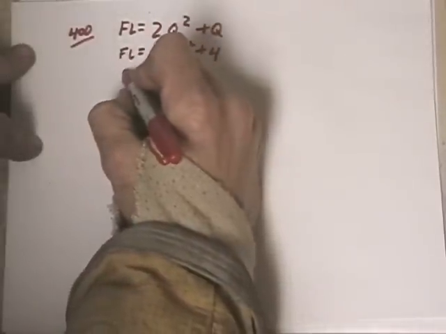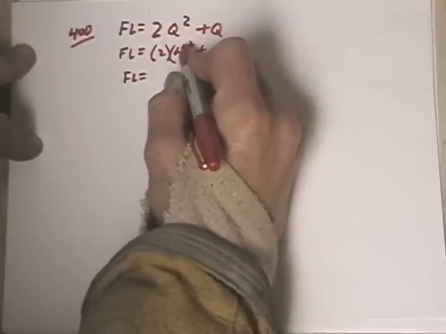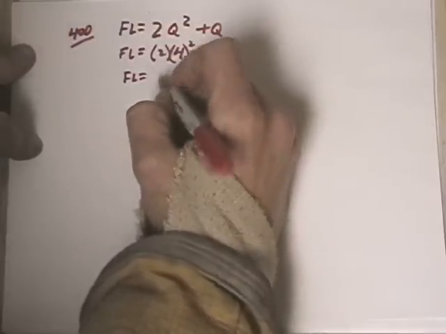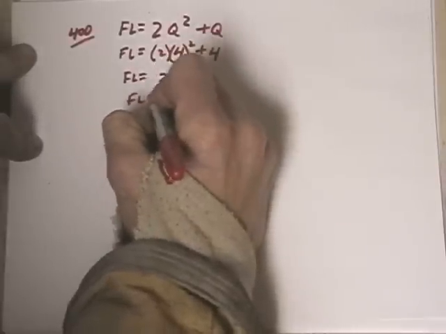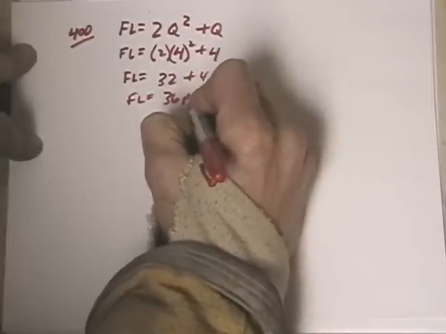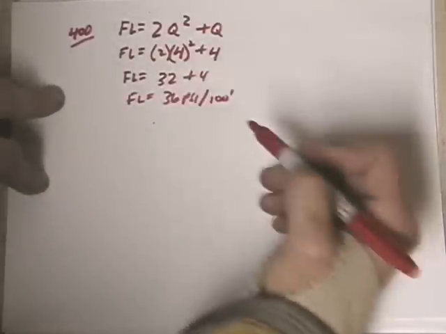When we do this formula out, it's very easy to see that our friction loss is 4 squared is 16 times 2 is 32 plus 4, and our friction loss would be 36 psi per 100 foot of hose.